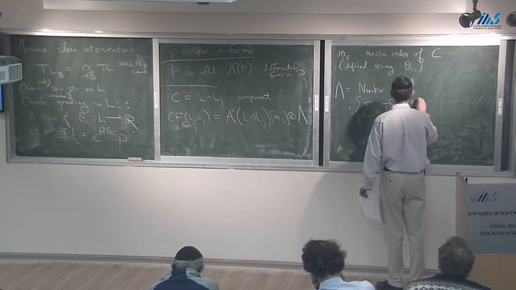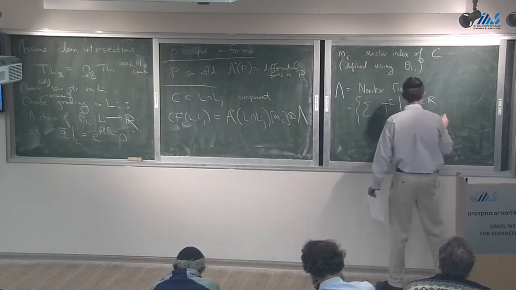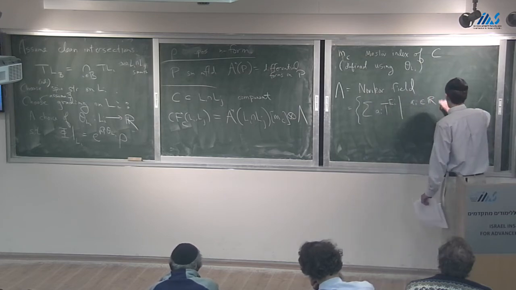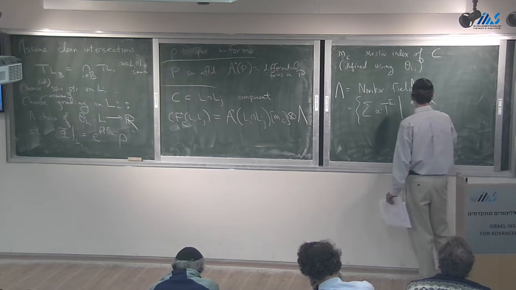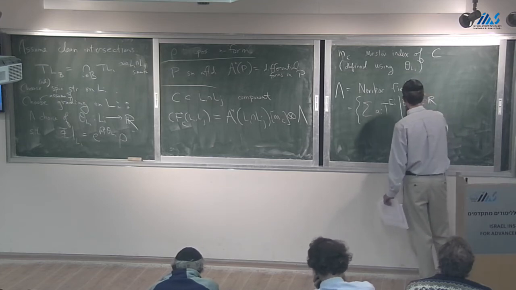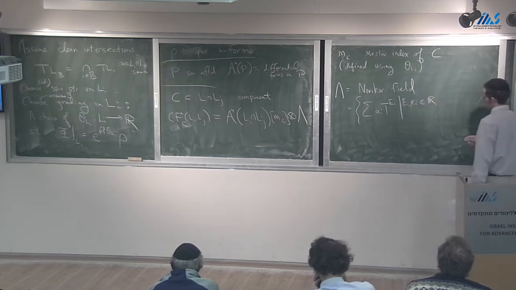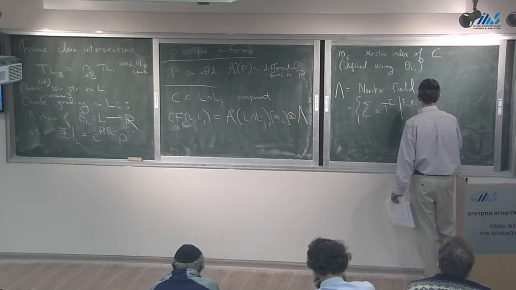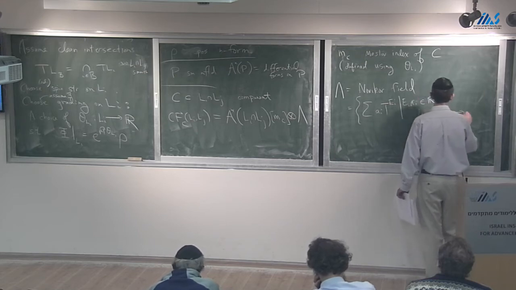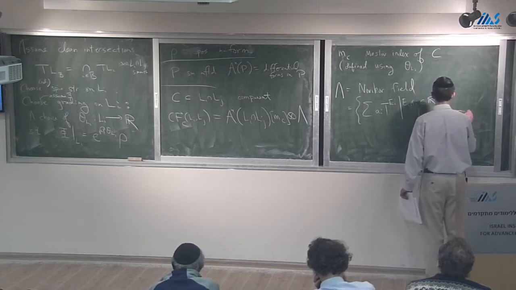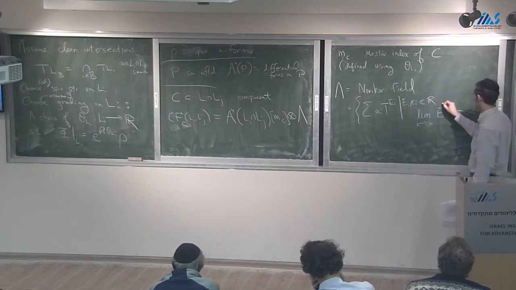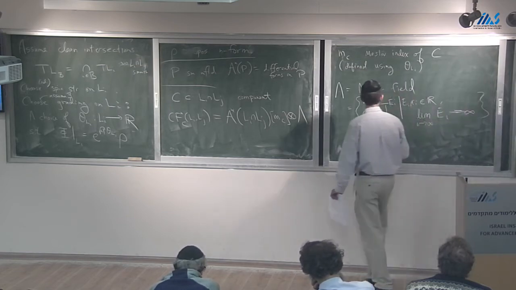Here the ai are, let's say, real, and the ei are also real. And we're just going to assume that the limit as i goes to infinity of ei is equal to infinity. Okay, and the t is just some formal variable.